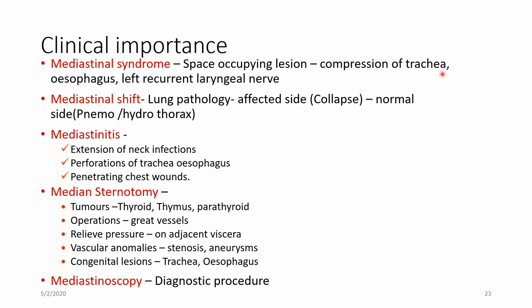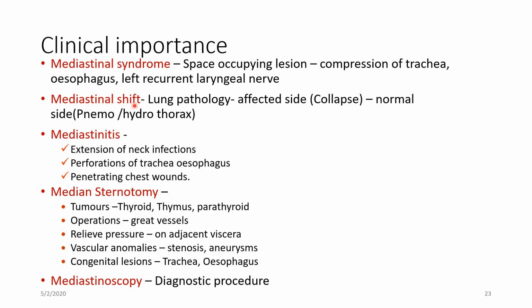Compression on the trachea causes difficulty in breathing. Compression on esophagus causes difficulty in swallowing. Compression on this left recurrent laryngeal nerve causes the voice change and hoarseness of voice as it supplies the larynx.